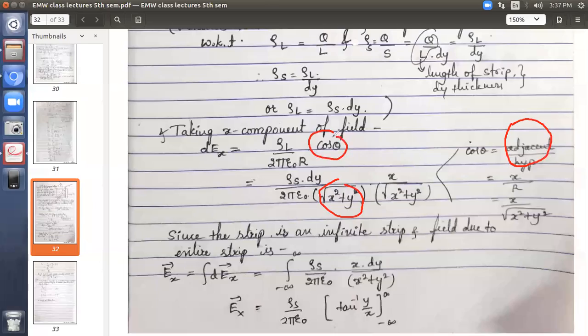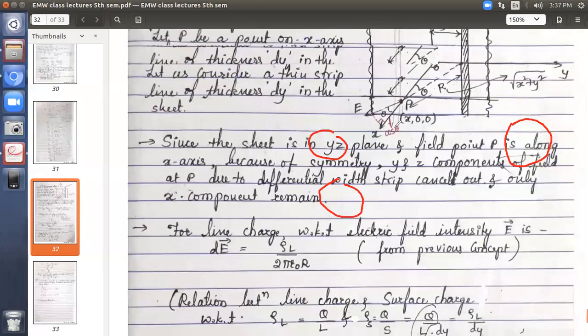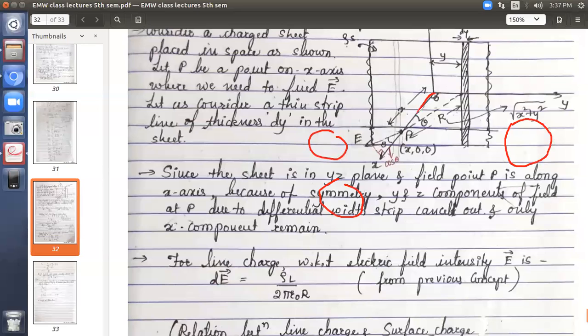And what is cos theta? From this triangle, try to find cos theta. This is your 90 degrees. This is your angle. So this is your adjacent, this is your opposite, this is your hypotenuse.